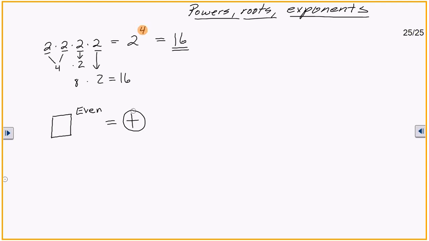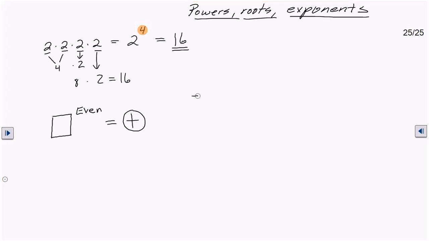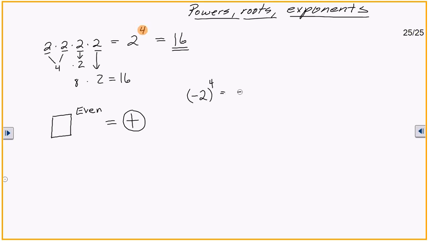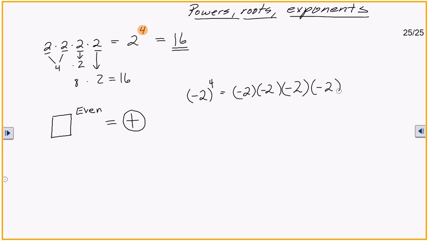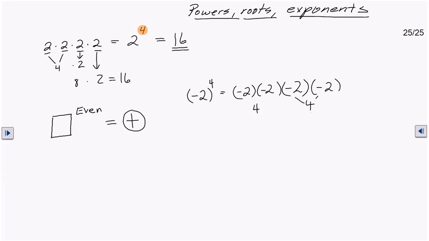Let me give you an example. -2 raised to the fourth power is -2 times -2 times -2 times -2. -2 times -2 is +4. -2 times -2 is +4.